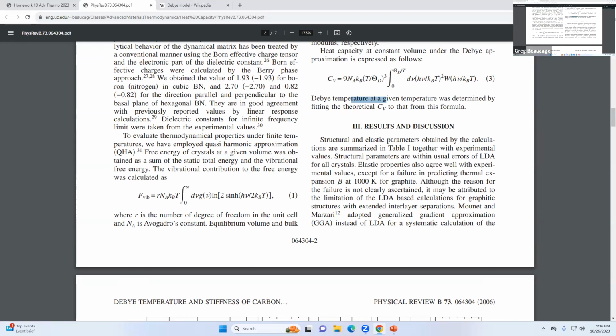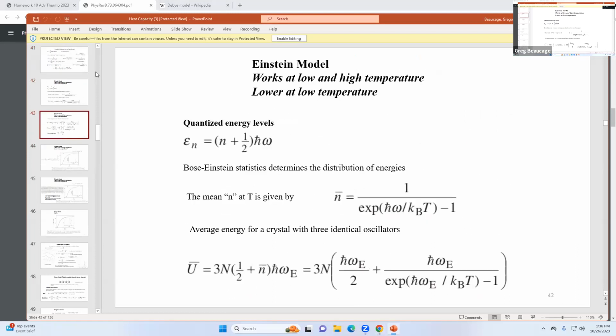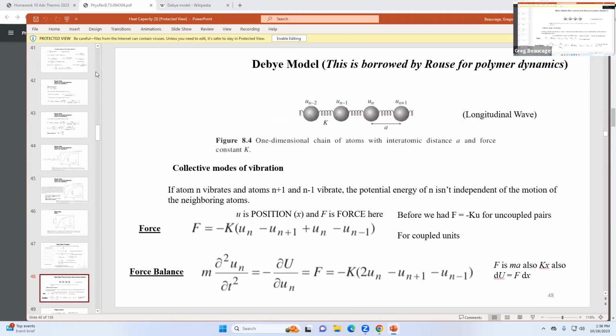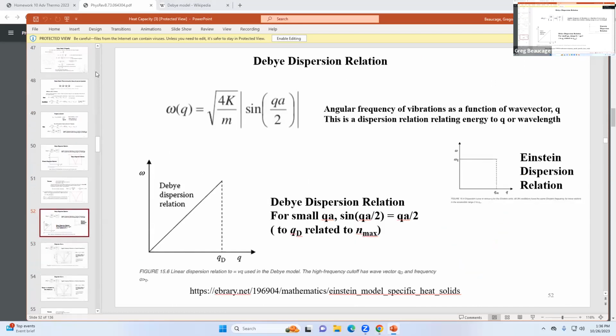Right, so we got all these things. Did that. I got that.